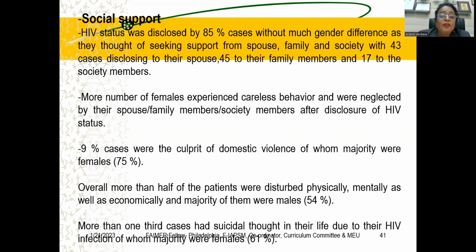But more females experienced careless behavior and were neglected by their spouse, family or society after disclosure of the HIV status. 9% of the cases were victims of domestic violence, of whom the majority were females. Overall, more than half of the patients were disturbed physically, mentally, and economically. This aspect was found more in males.